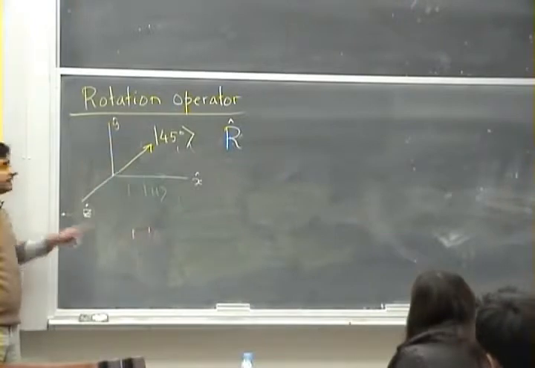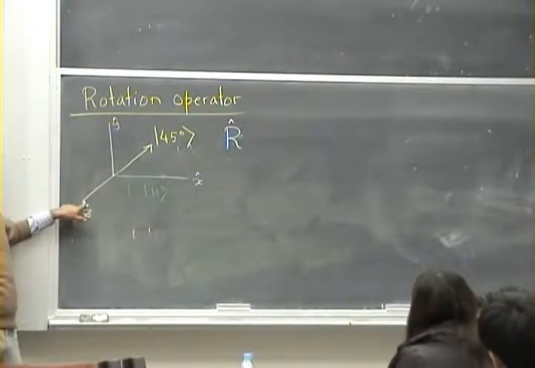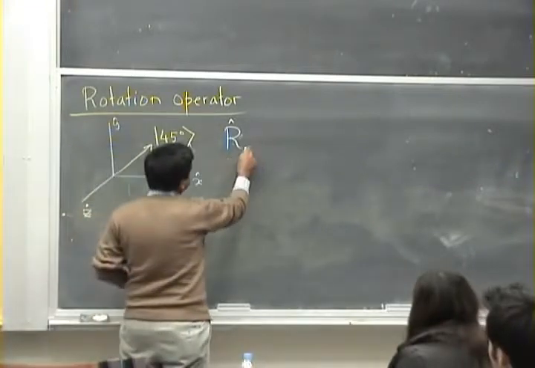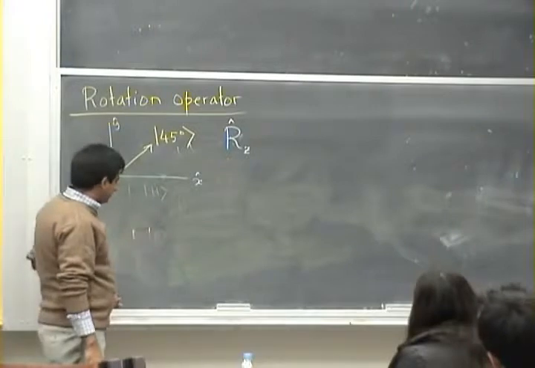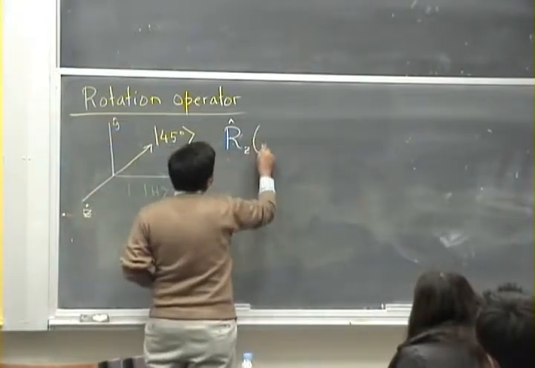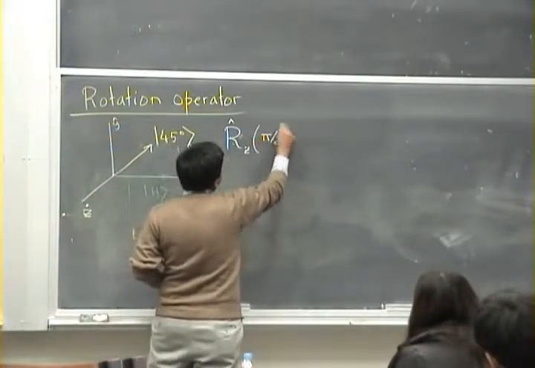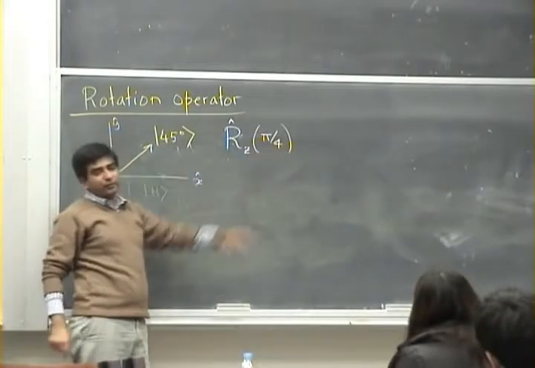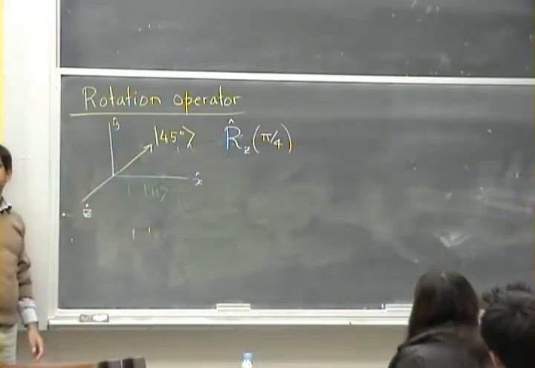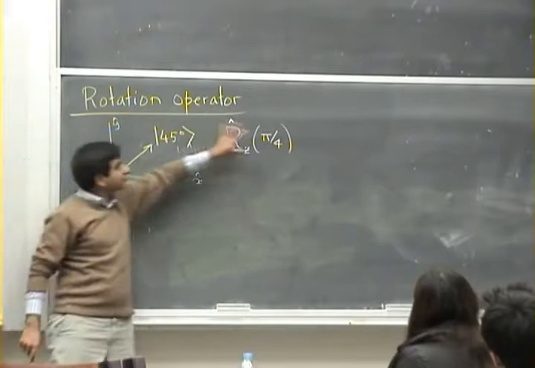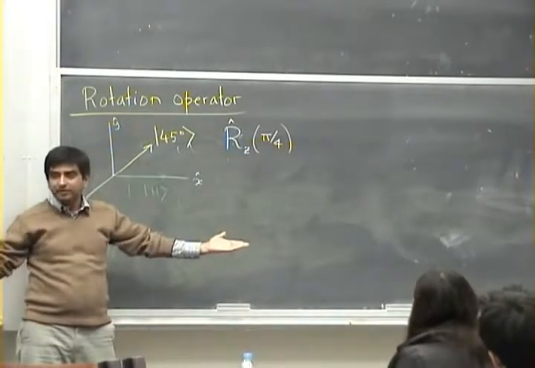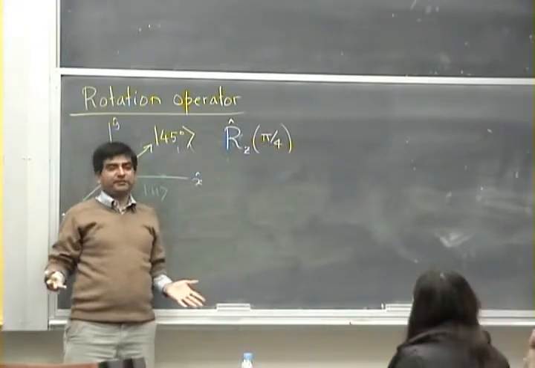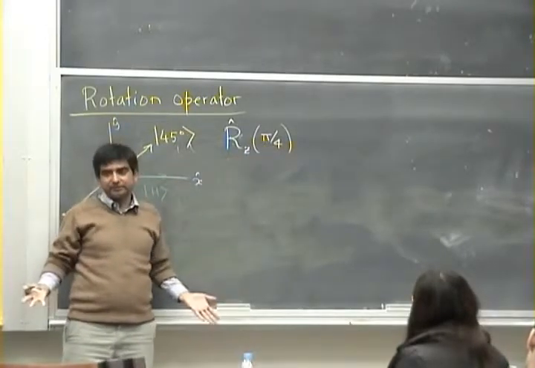Since the rotation is about an axis, which is the z-axis, people can write a small z here if they want. And the rotation is through an angle of 45 degrees, so this is the angle of rotation. This is the rotation operator, and this is how I have denoted it. The argument is 45 degrees, and it's about the z-axis.